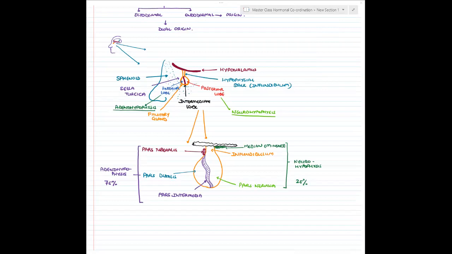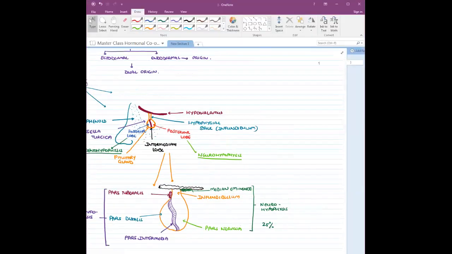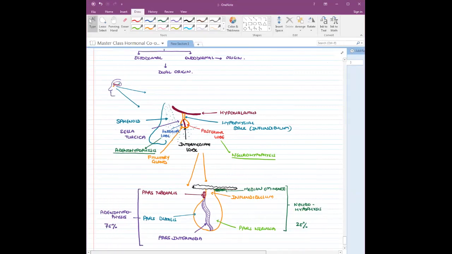Guys, always remember, one more thing which is very, very important, crucial. When we talk about the location, where we have this hypothalamus, right at the start of the hypothalamus you are going to have this X-shaped structure.